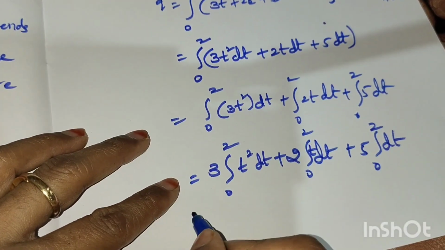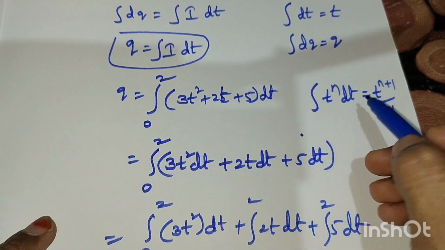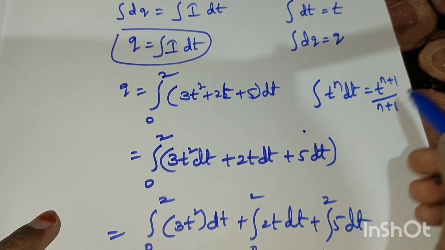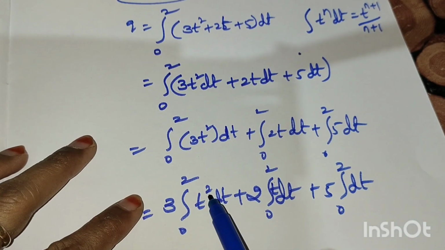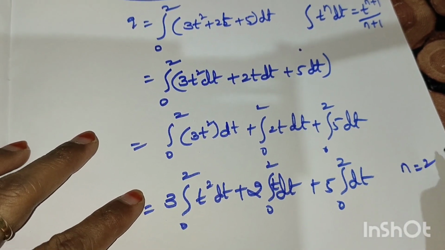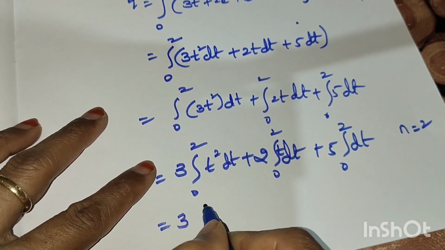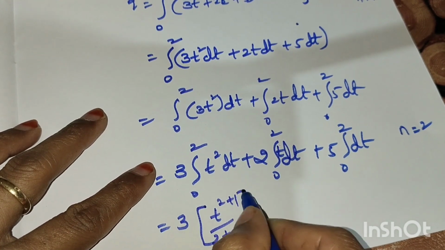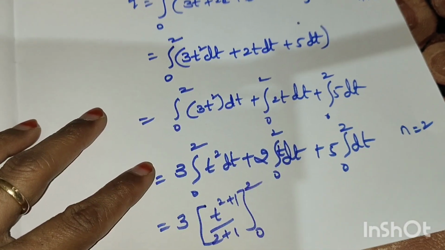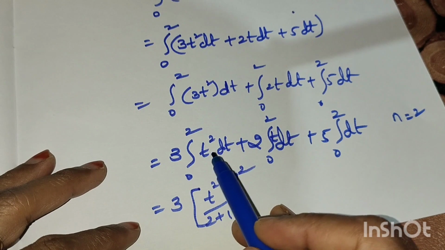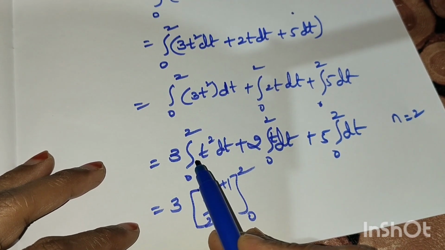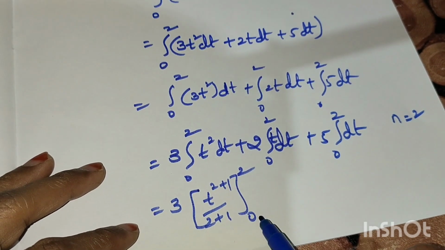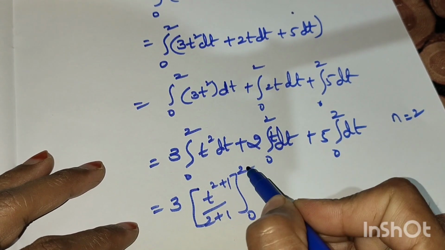dt. I said that the integral t^n dt formula is t^(n+1) by n+1. Here in place of n what do we have? 2. So 3 t^(2+1) by 2+1, 0 to 2. When you apply this formula, the integration will be removed, and the limits should be written as 0 to 2.